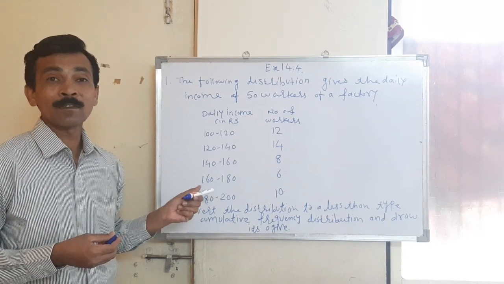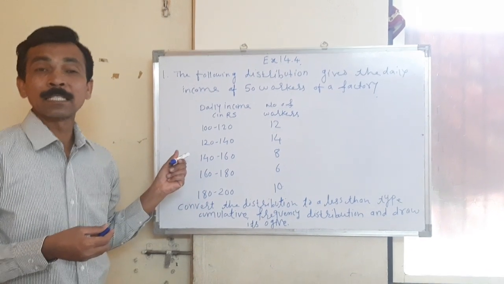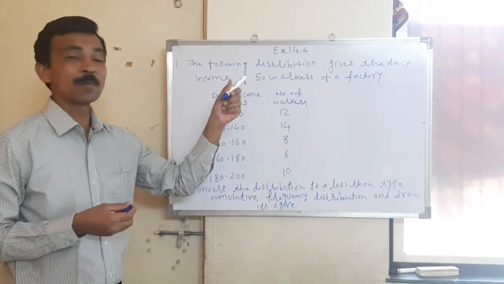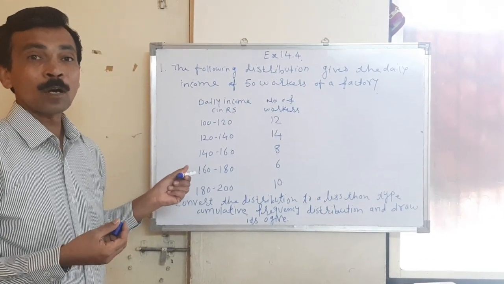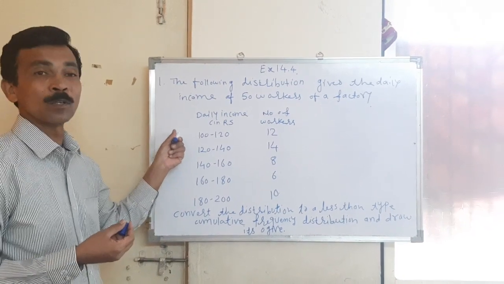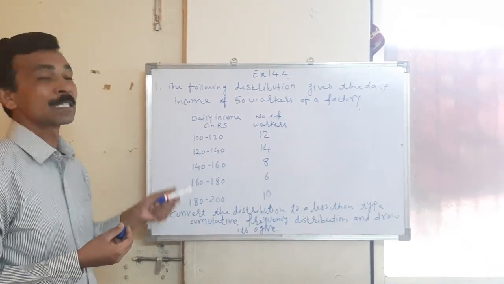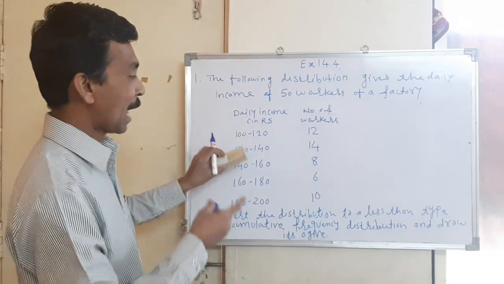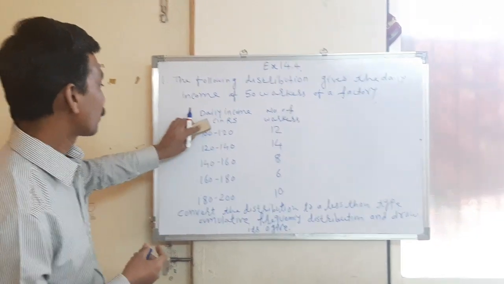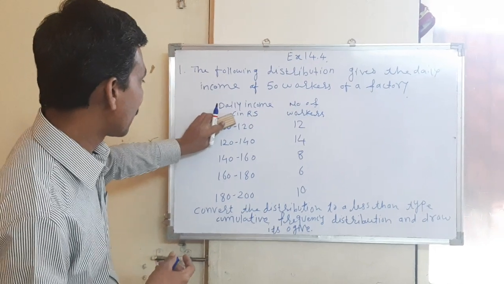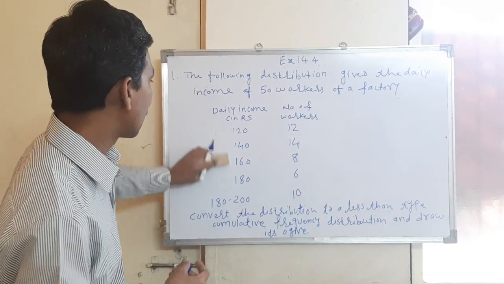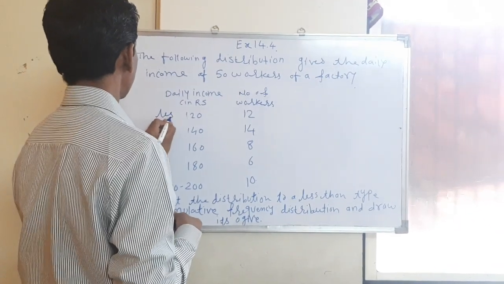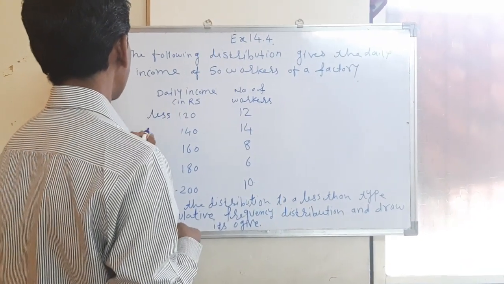Before solving, I have given you the steps. Those steps you have to keep in mind after completing the table. Now what I will do, I will make this table only as a solution table and see what is the method. I will rub out this daily income in rupees as it is a less than type. I will rub out this lower limit and I will write here less than.